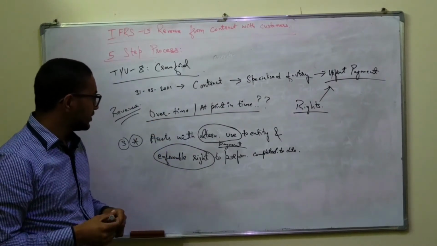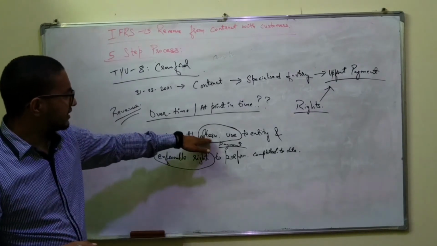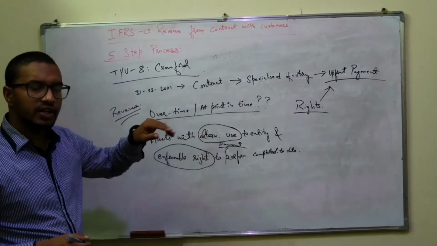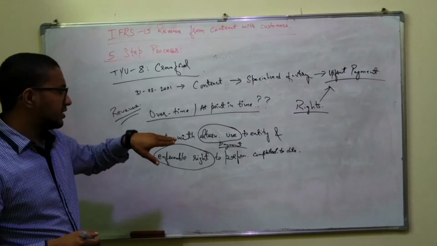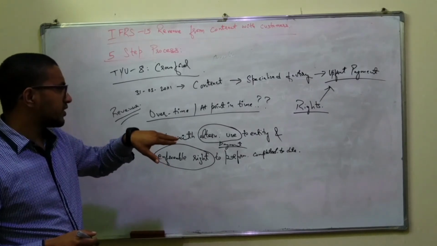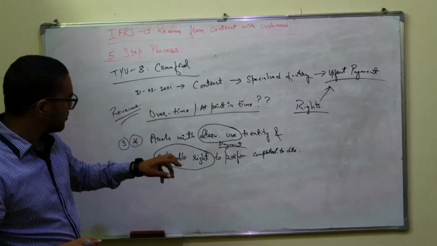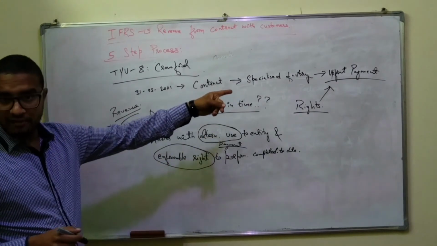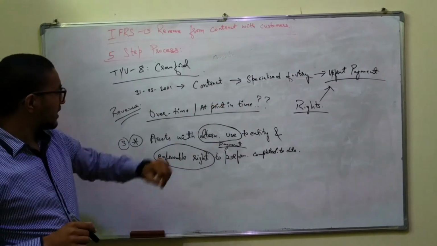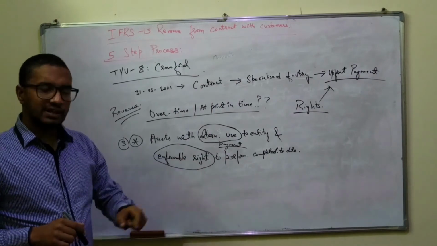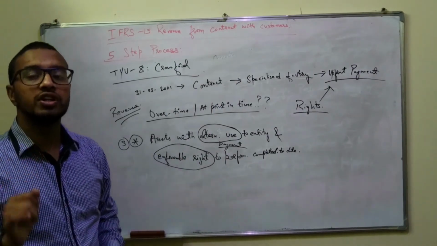Why? Because even if it had satisfied this criterion, the asset with alternative use, even if it does not create an asset with alternative use, this does not have alternative use either, remember? And then the enforceable right is only up to the deposit amount.